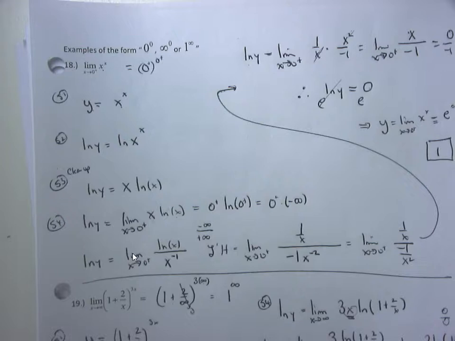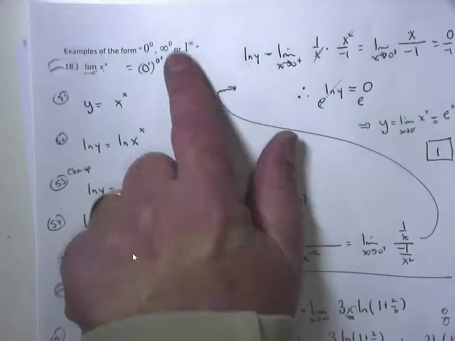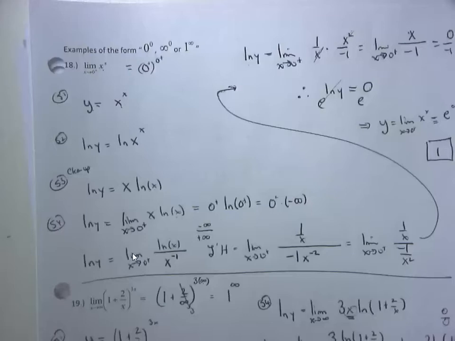It's got to be a 1 to the infinity, because 1 times 1 times 1 doesn't blow up on you. It doesn't go to 0 either. It stays at 1. So it depends on how fast you go to 1 versus how fast the exponent goes to infinity to see if it's going to blow up or blow down. You can get 0, you can get 1, you can get infinity, you can get e to the 6th. You can get lots of different answers. Okay.